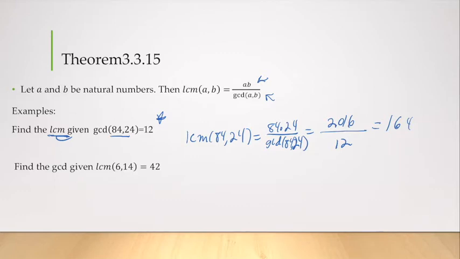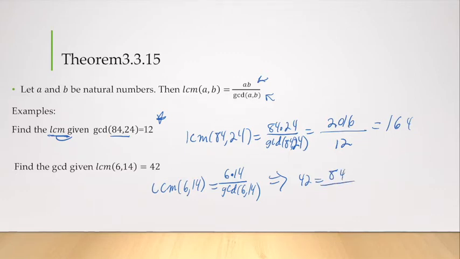Next, let's find the GCD of 6 and 14, given that the least common multiple of 6 and 14 is 42. So I have the least common multiple of 6 and 14 equals 6 times 14, divided by the GCD of 6 and 14. Well, now I have that 42 equals 84 divided by the GCD of 6 and 14 that I don't know, right?